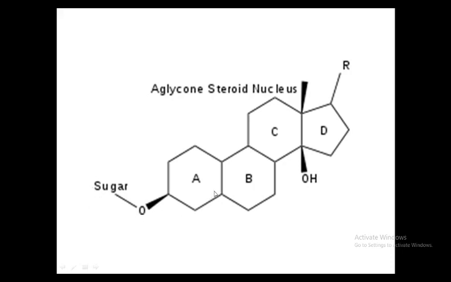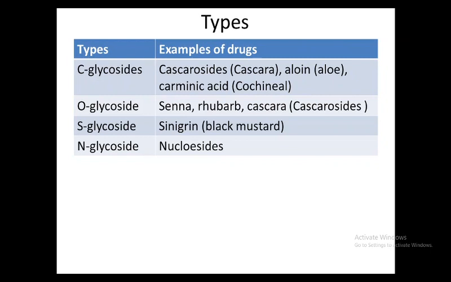Now, based on the type of atom involved in the attachment of the sugar, the glycosides are divided into different types. First is the C glycosides. The C glycosides indicate that the carbon atom of the aglycone is involved in the attachment with the sugar moiety, meaning the carbon atom of the aglycone is attached to the sugar.